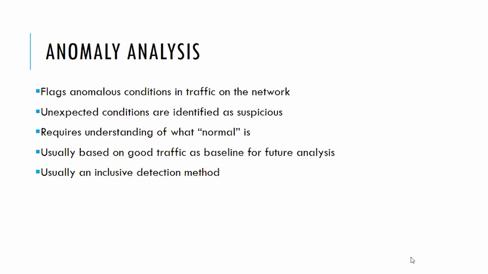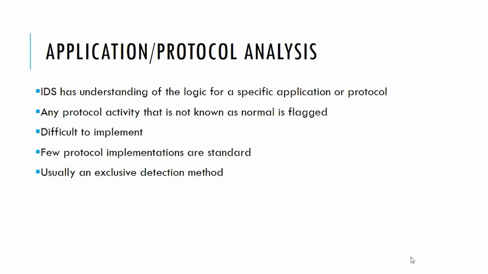This is a very important condition that happens when you find that the traffic of the network itself has a problem, that the behavior of the traffic has a problem. So this is an inclusive detection method to use the network intrusion detection system to alert you against this type of abnormal condition. You can also use application protocol analysis.